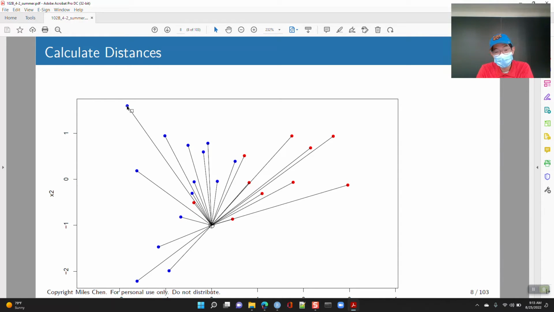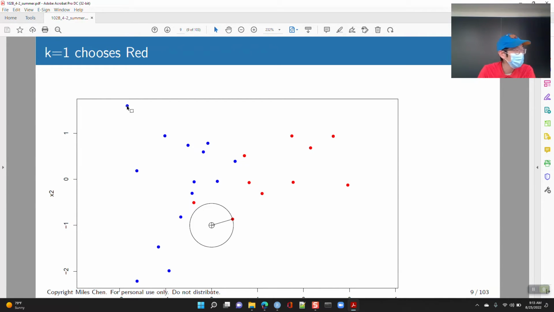And then what we're going to do is we sort them and we say, okay, what is the one nearest neighbor? So if I choose k = 1, who is the nearest neighbor? It is this one red point. And I've drawn a circle to show you that there are no neighbors that are even closer than this one. So if this is the one nearest neighbor, this point would get classified as being red, because the nearest neighbor is red.